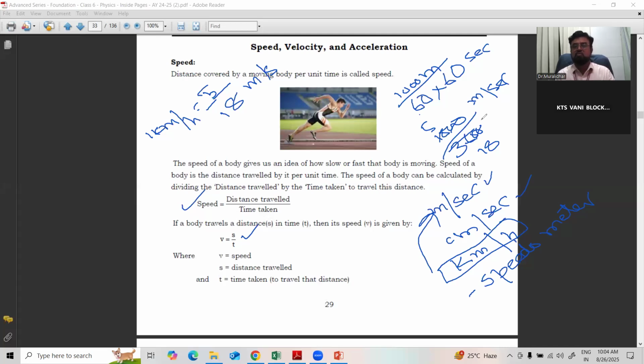This is a very important conversion in your competitive examinations, even in IIT. Whereas 1 meter per second is equal to the reverse, 18 by 5 kilometer per hour.